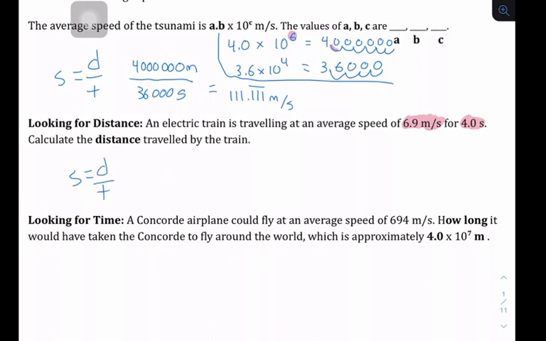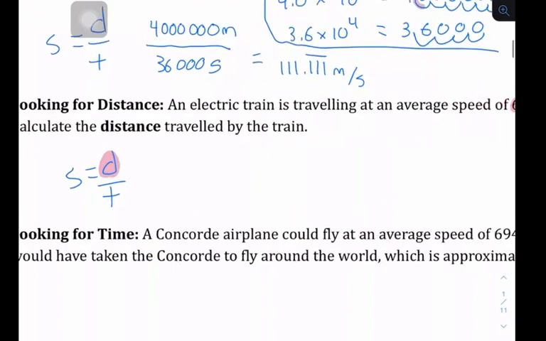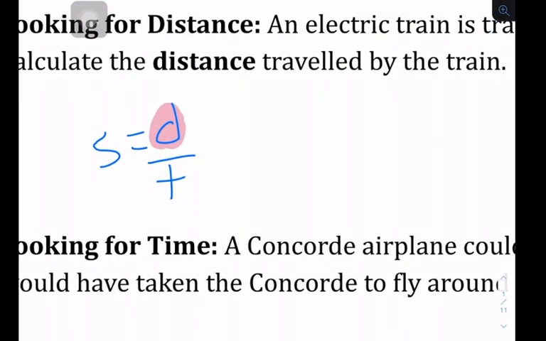We need to get this distance by itself. Right now the distance is currently being divided by the time. To get rid of that, we need to do the opposite of divide by t, and that will be multiplying both sides by t.